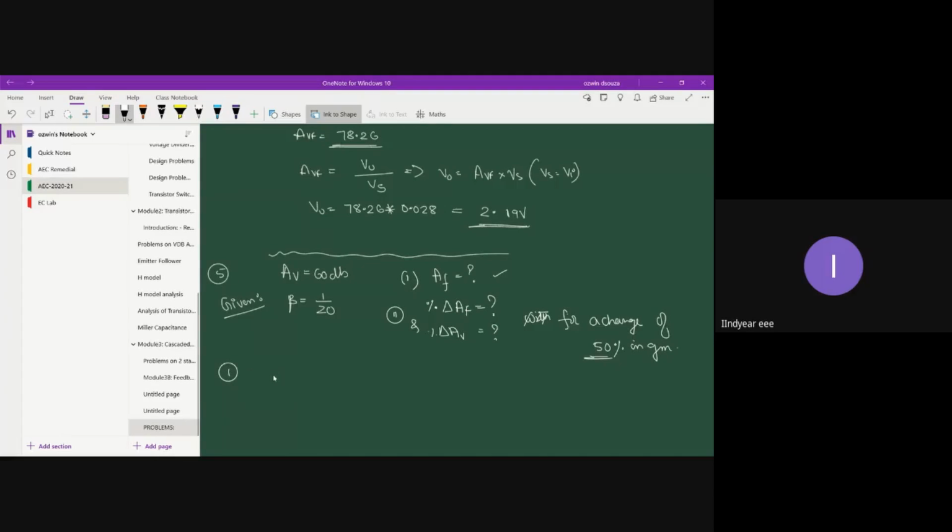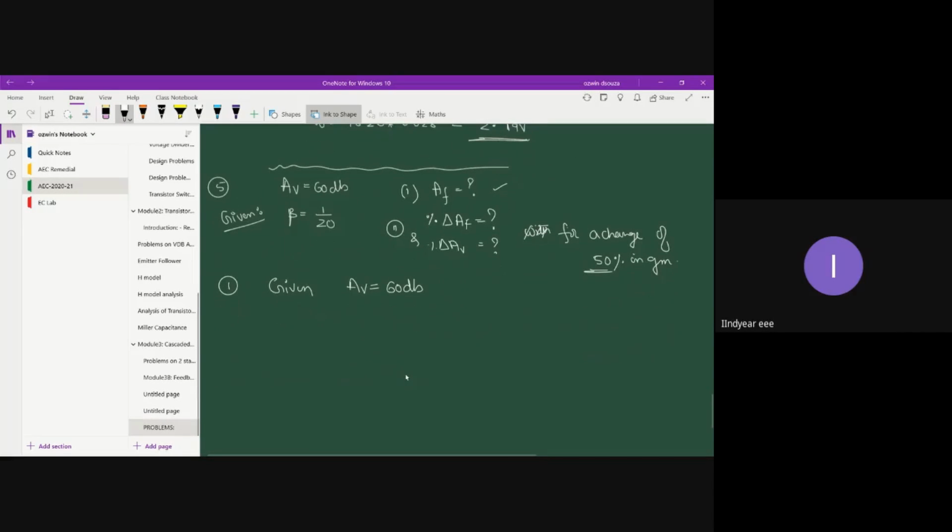the first part. Given the amplifier gain, AV is 60 decibels. The general formula for AV is the ratio of output voltage to input voltage. But here the gain is mentioned in decibels.